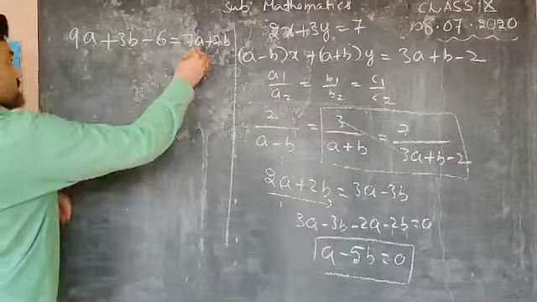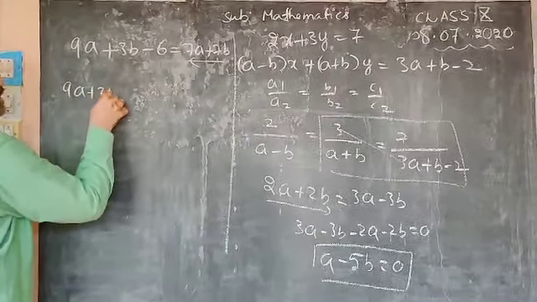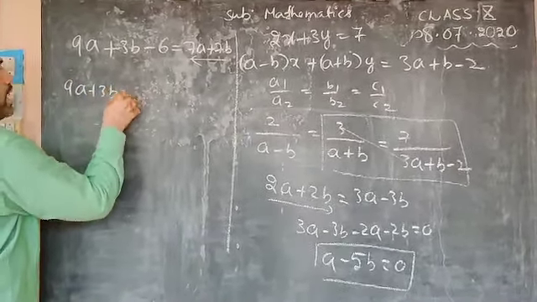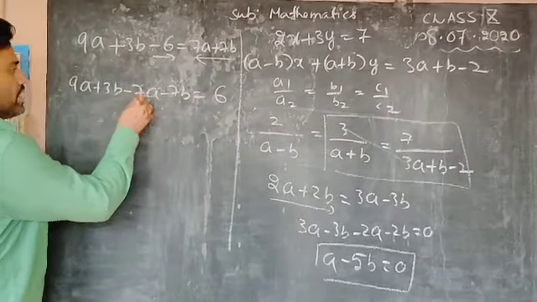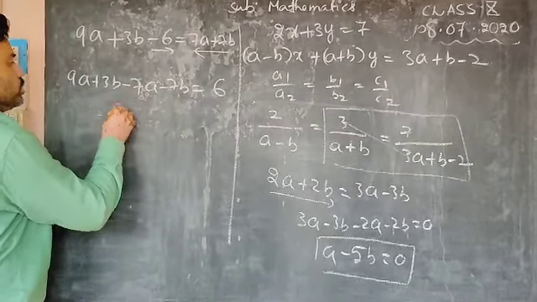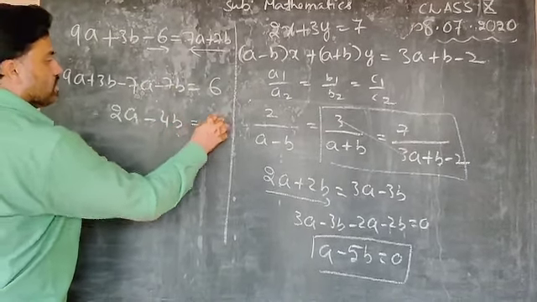Now take 7a plus 7b towards the left side. 9a plus 3b minus 7a minus 7b is equal to minus 6; you send it to the right side, it becomes plus 6. So 9a minus 7a is 2a, 3b minus 7b is minus 4b, is equal to 6.